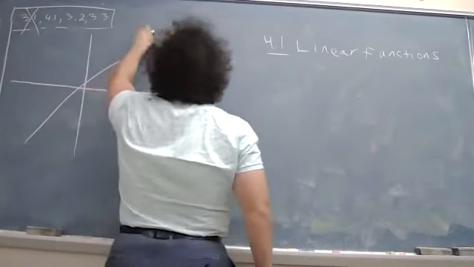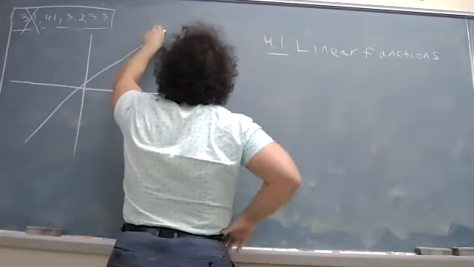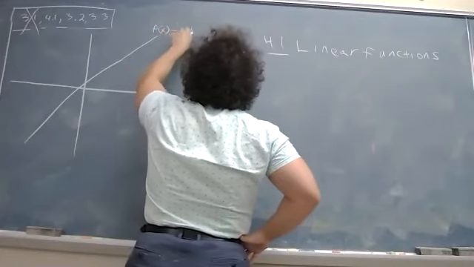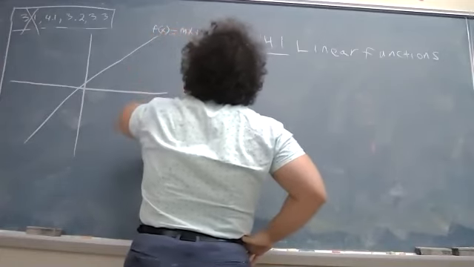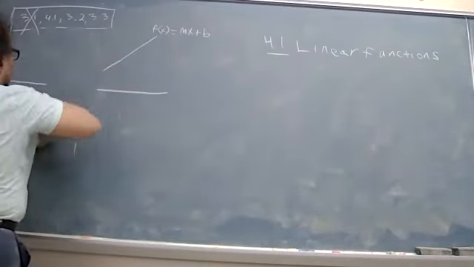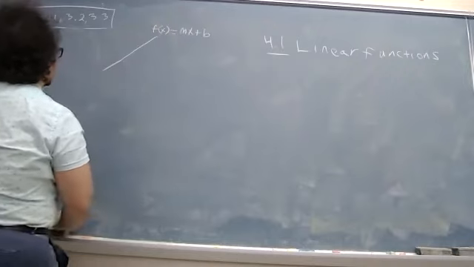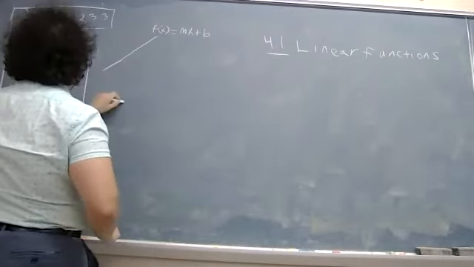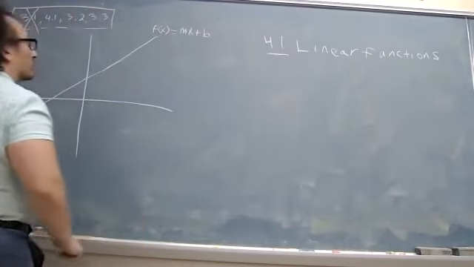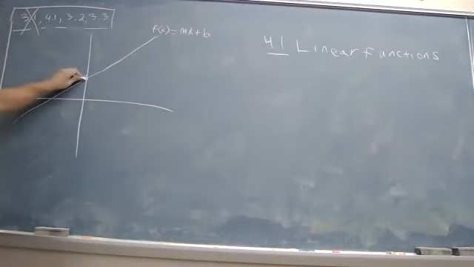Okay, so its equation f of x, the general line equation is mx plus b. Let's redraw this real quick. Where b right here, this point right here, is the point 0 for x, b for y, called the y-intercept.